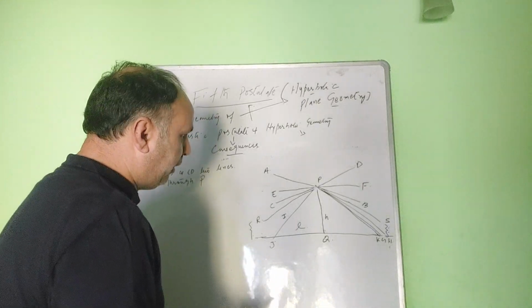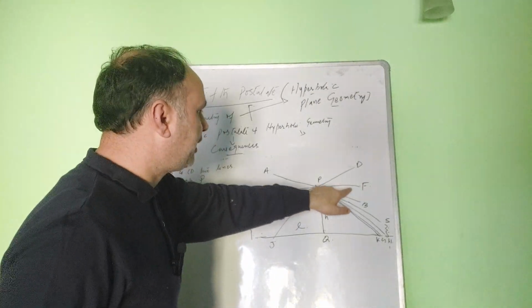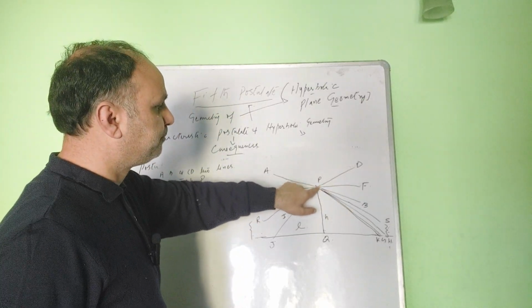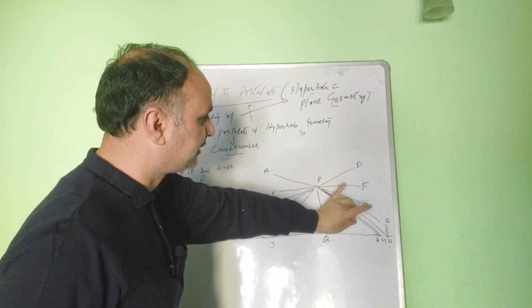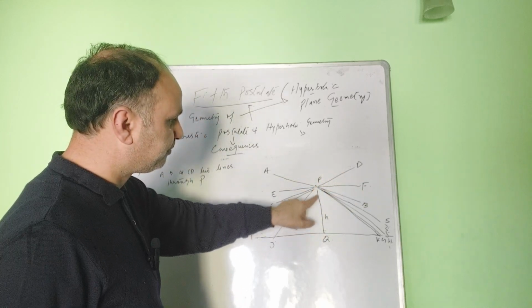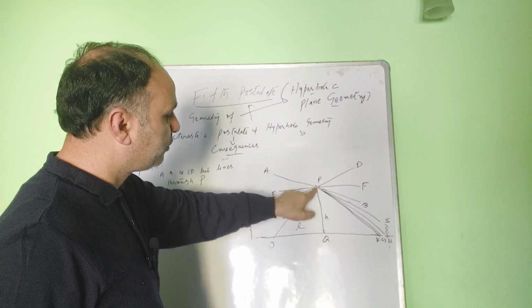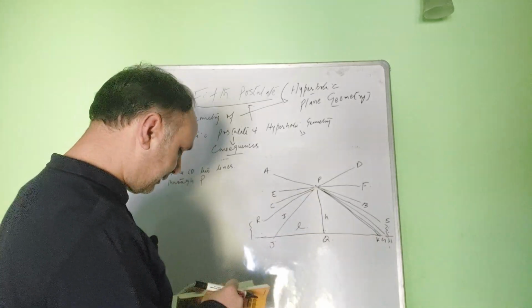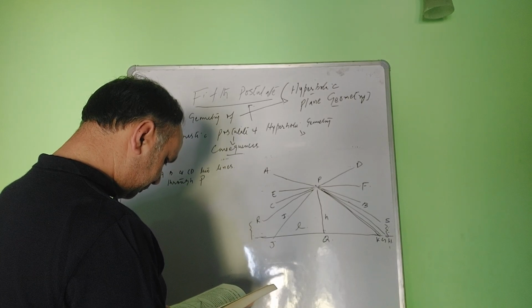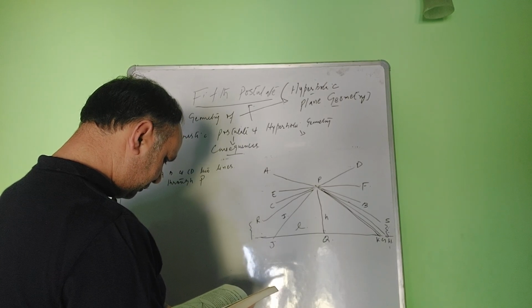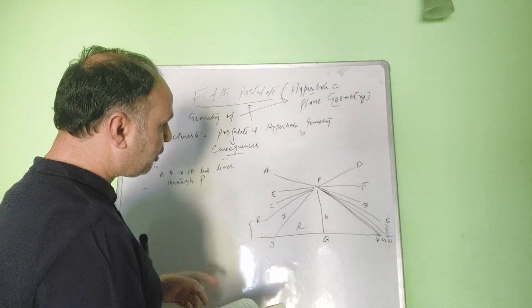So what is that? If EF is not perpendicular to this, if EF is somehow going to intersect this thing, this means that from this construction, PB would also intersect.